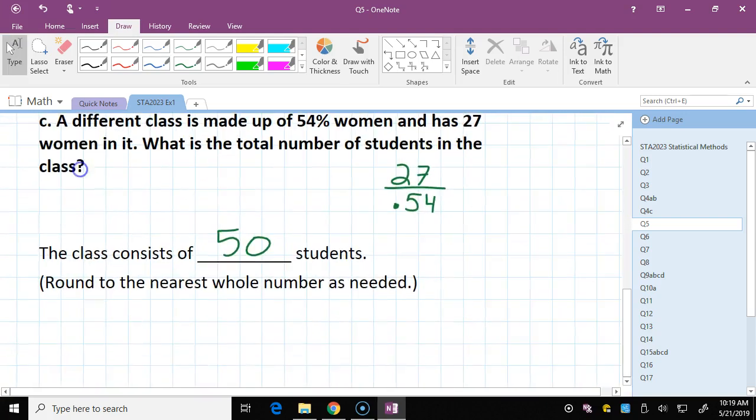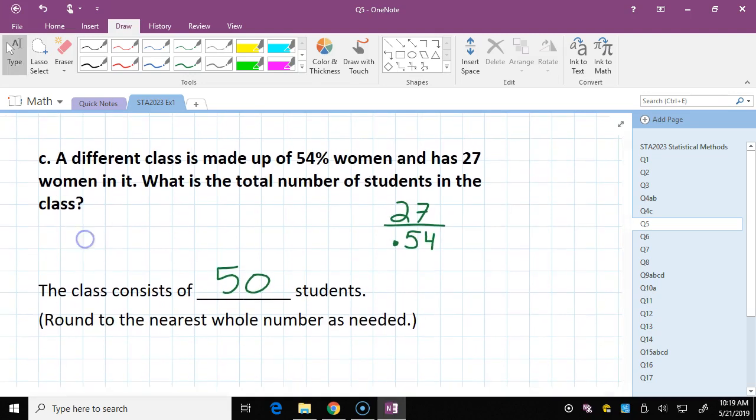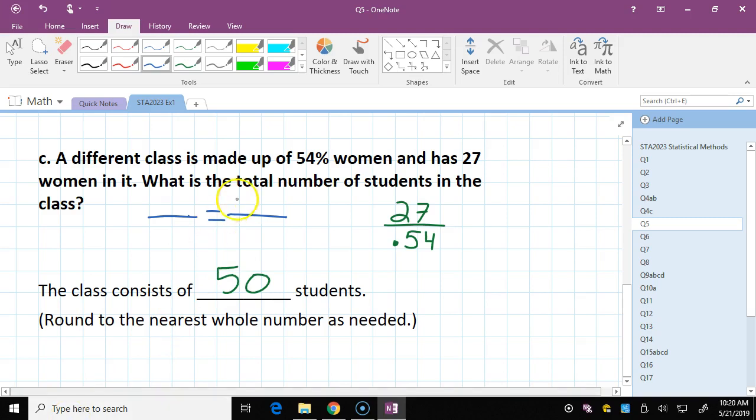Same principle can be used down here on part C. Do we know the part of the percent? 54, right? And how much is a percent out of? 100.